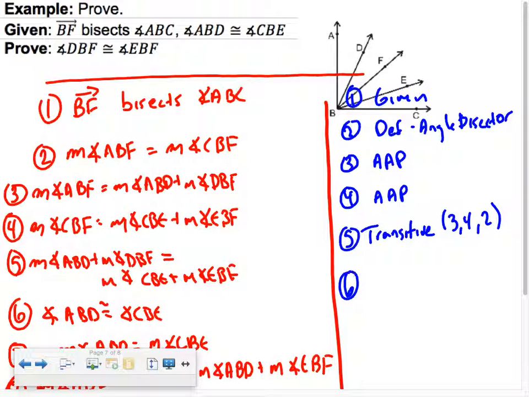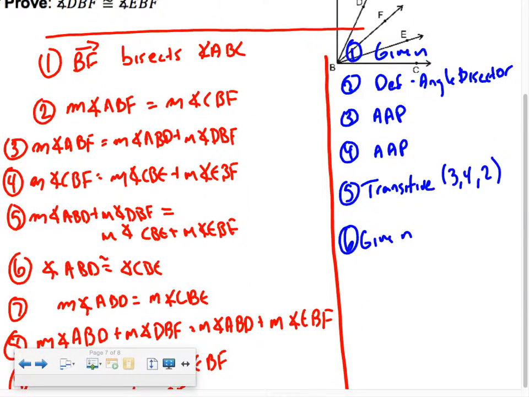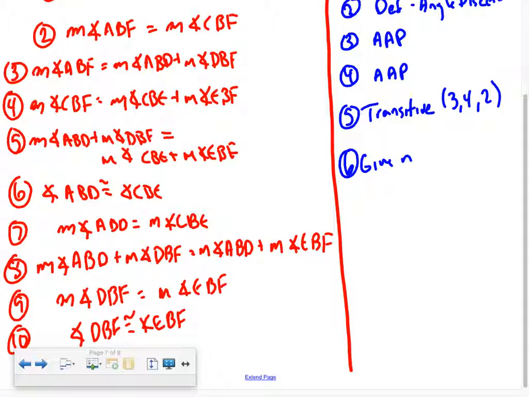Six is given. Seven is congruent objects have congruent measures.